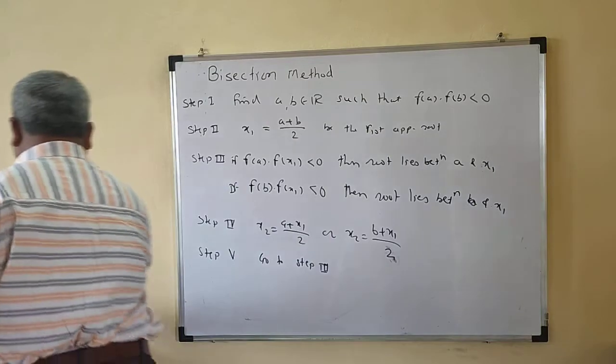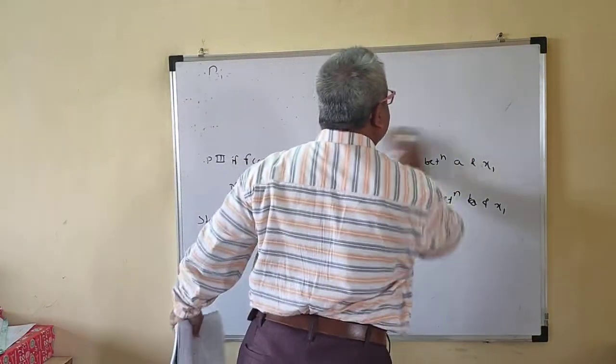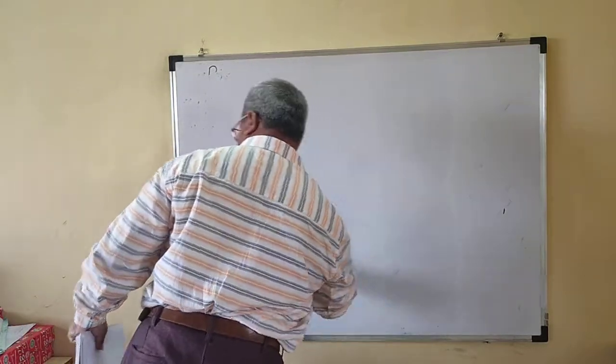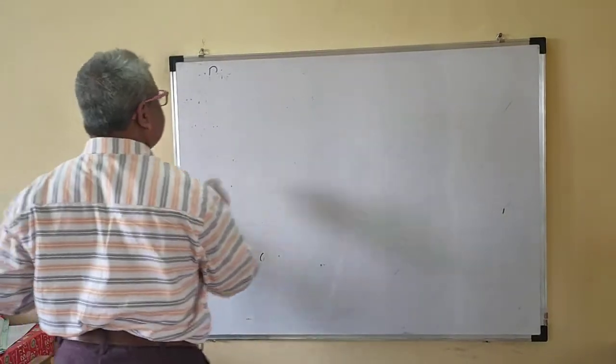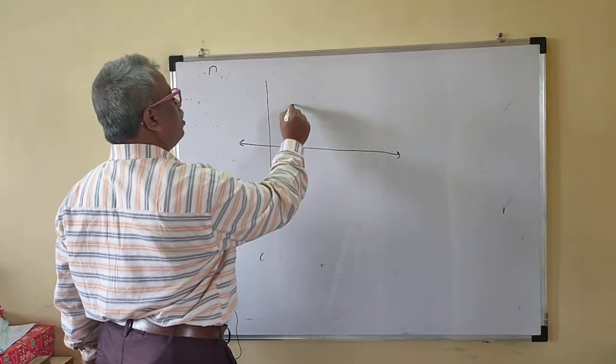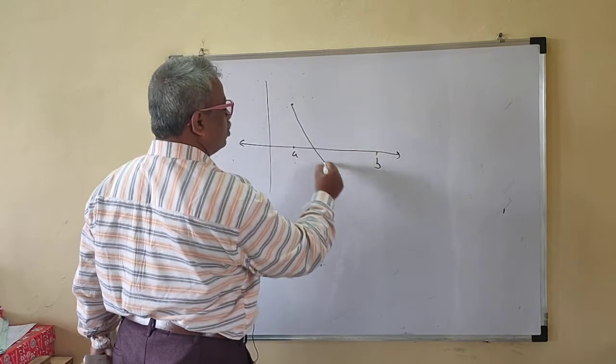Now see with the help of the diagram, the geometrical interpretation. Your function is continuous. Suppose this is your a, this is your b, and this is your function.